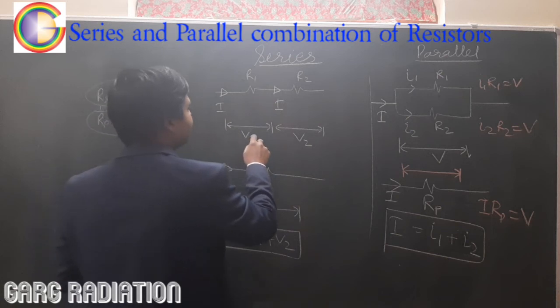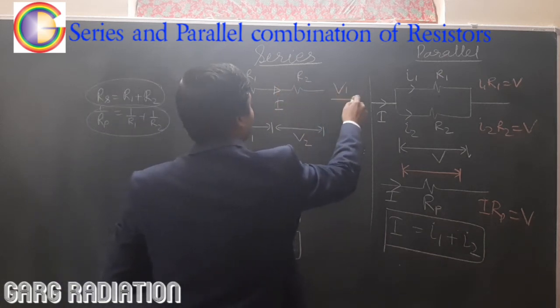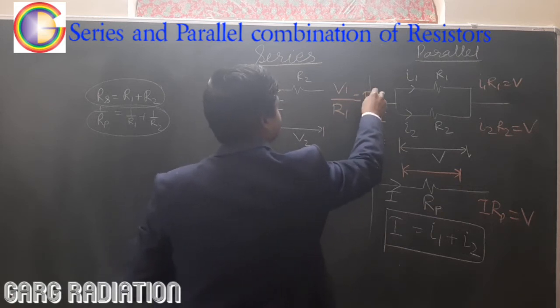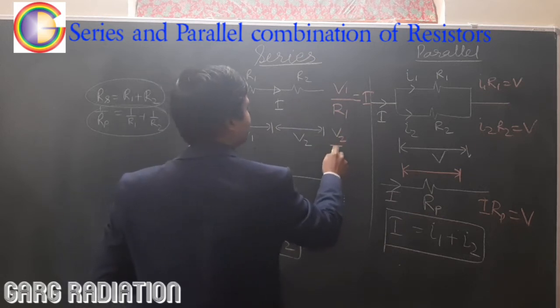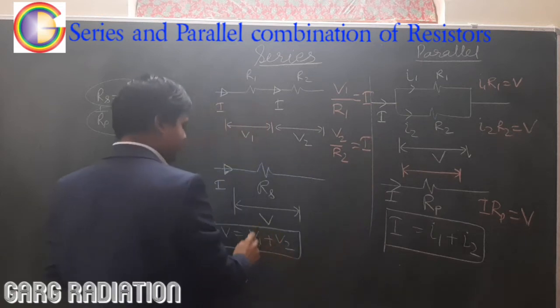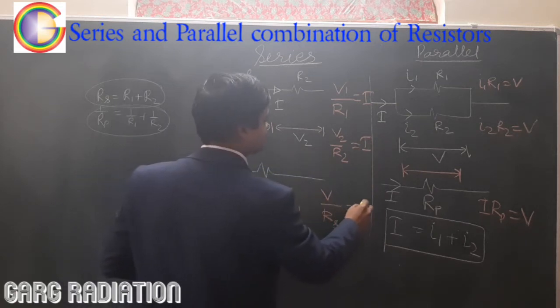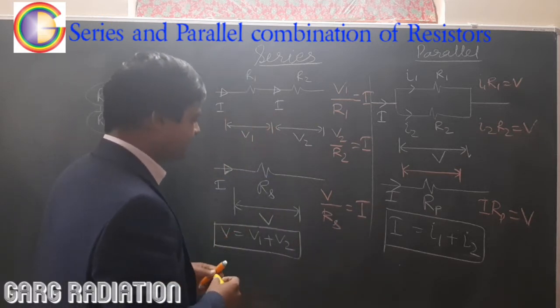In the series case, they have the same current, so V1 upon R1 equals I, V2 upon R2 equals I, and V upon Rs equals I. So this is a very simple thing.